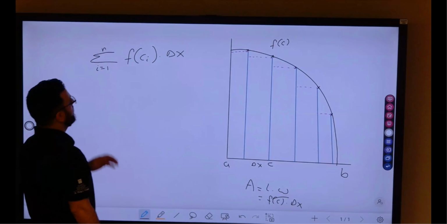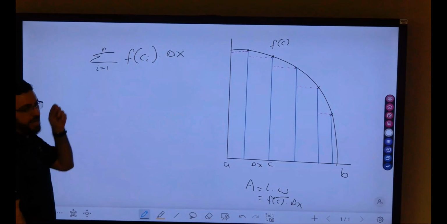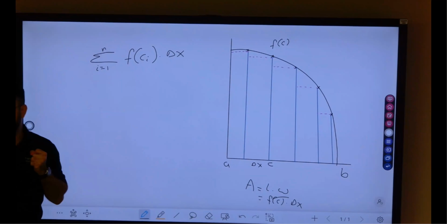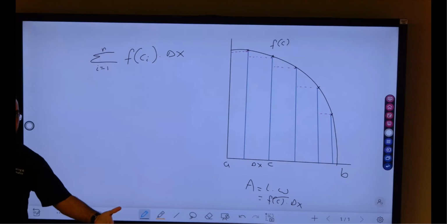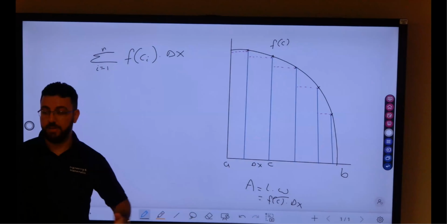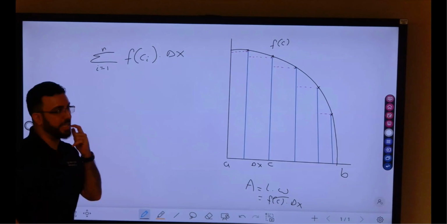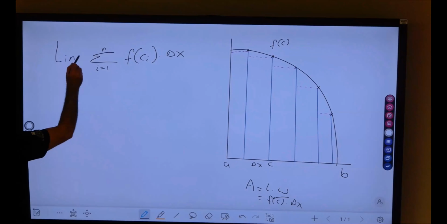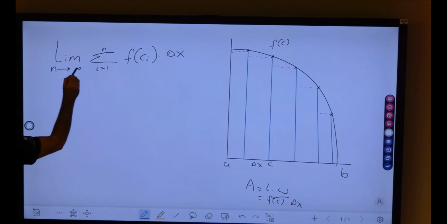Okay, so now we have this one. But do you know the number n? We don't know the number n. If n is 5, that means I'm going to take 5 rectangles. If n is 6, if n is 7, I don't know how much n is. So in this case, I'm going to take the limit and approach n to which number? Infinity.